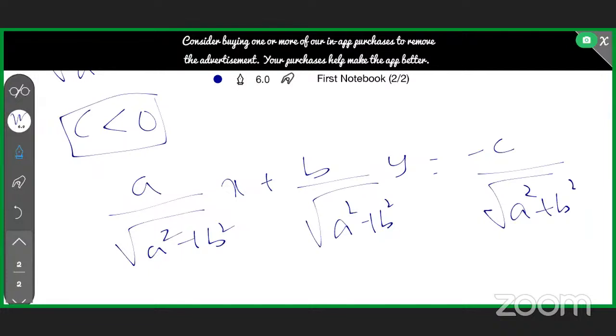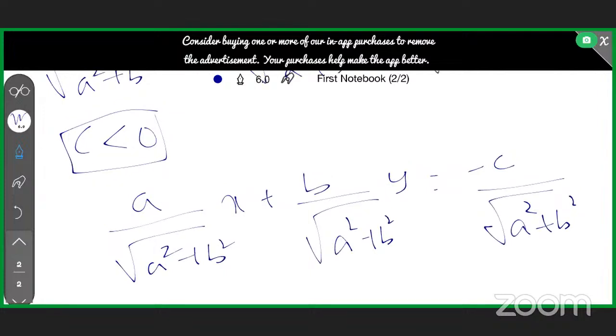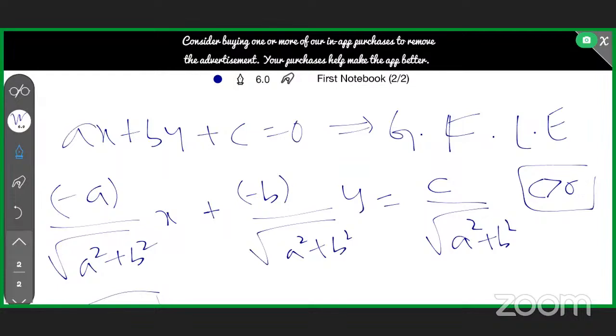This transforms the general form to the normal form when c is greater than 0.